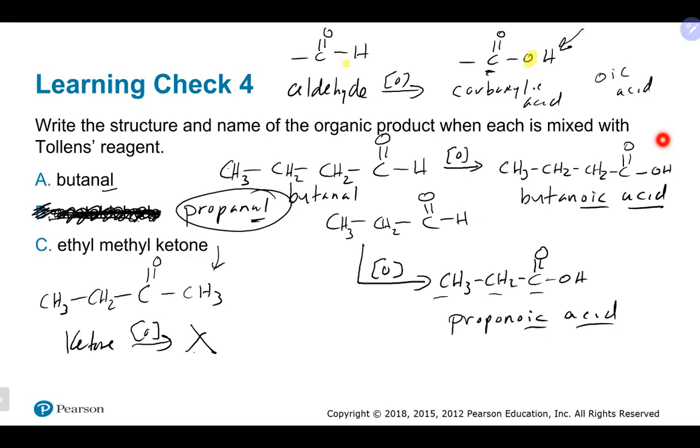So for example, if we threw something onto the end of this one here, like a chlorine, this would be 1, 2, 3 propanoic acid.